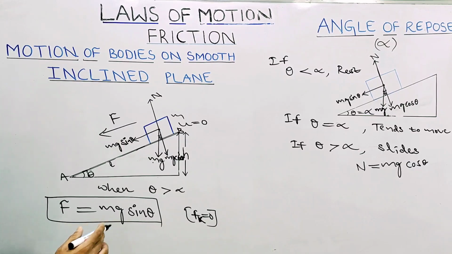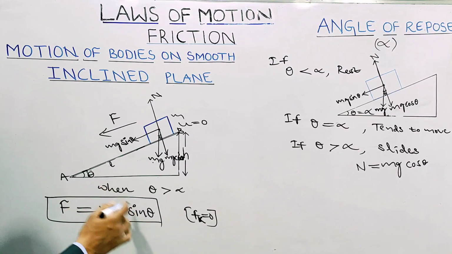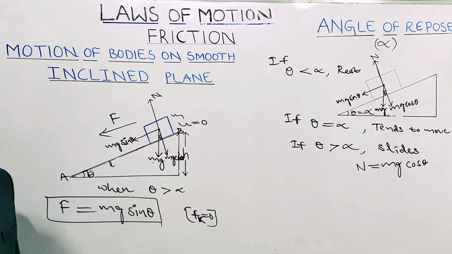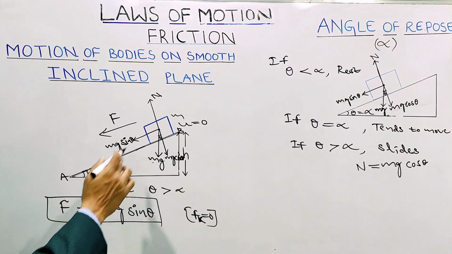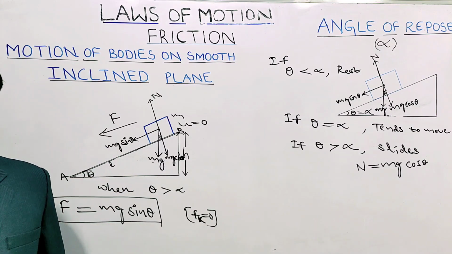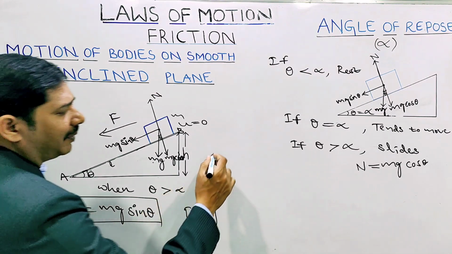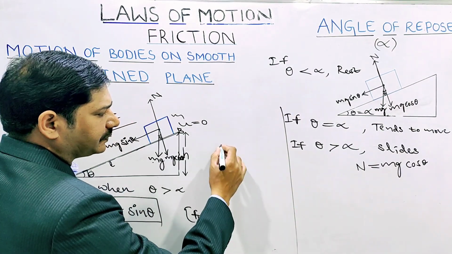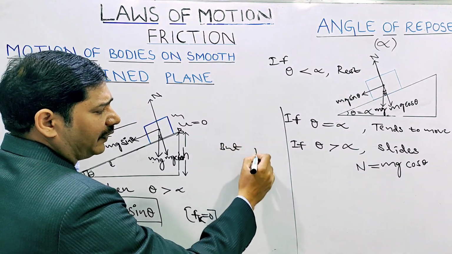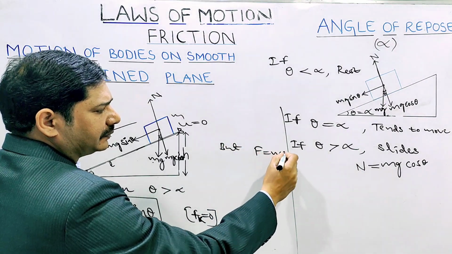We have to substitute the angle of inclination, and then we get the resultant force on the body. If they are asking for acceleration, F equals ma.